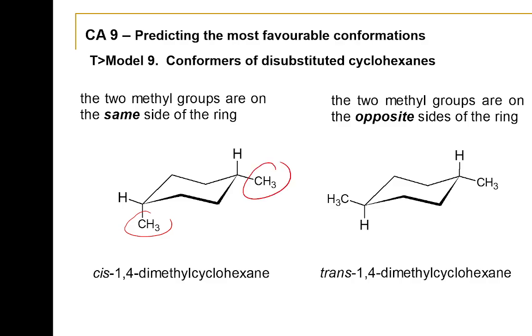They're on carbons 1 and 4. They're methyl groups. One is equatorial, the other is axial. But can you see that both of them are below the plane? They're both underneath the ring. When they're on the same side of the ring, it didn't have to be underneath, just on the same side, we say that they're cis.